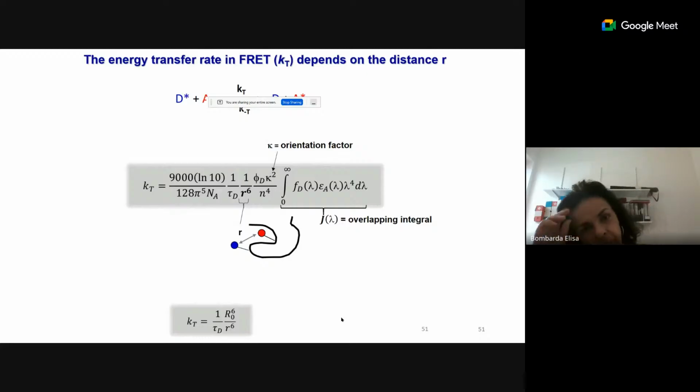So let's see the physical parameters that are involved, and we will analyze them one by one.